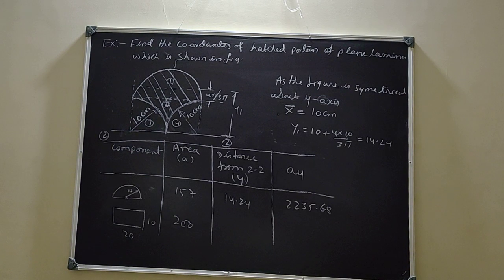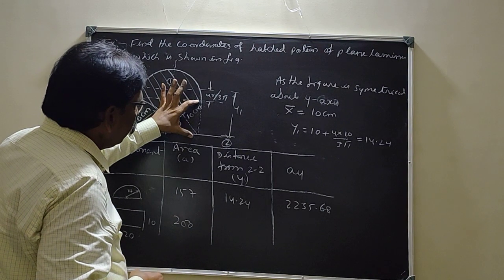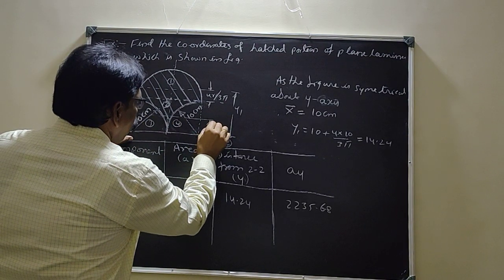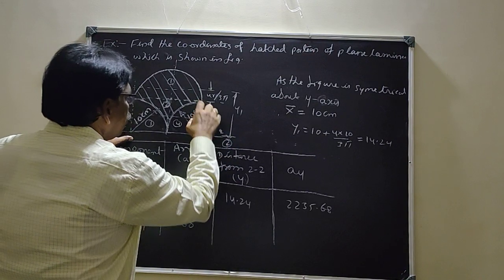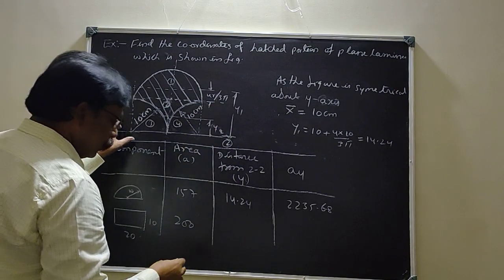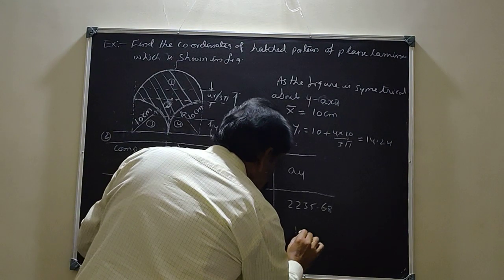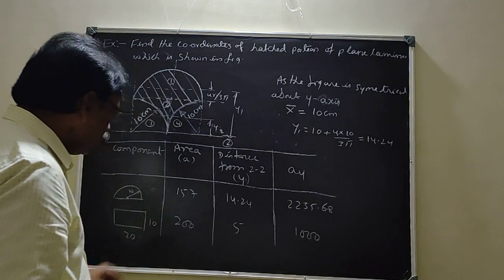Now the centroidal distance of that one: the total height is 10 centimeter, so half of that is y2. Y2 is equal to 10 divided by 2, that is 5 centimeter. Now the product of this one works out to be 1000.